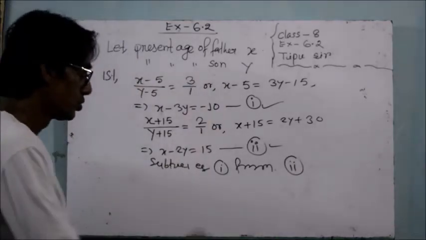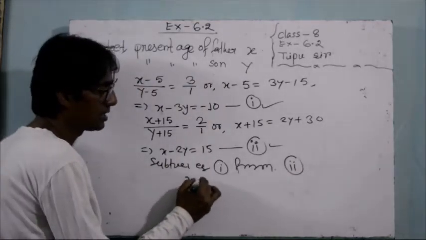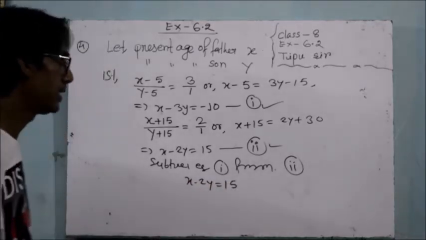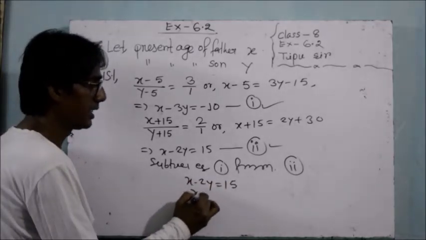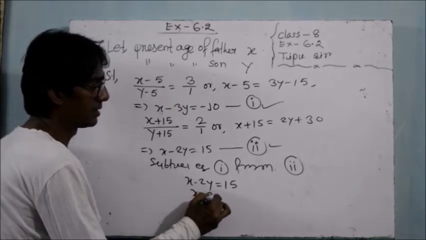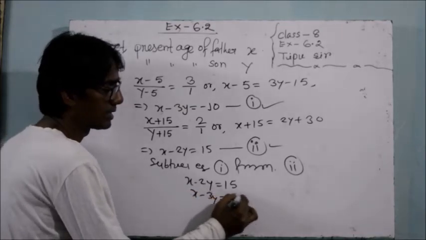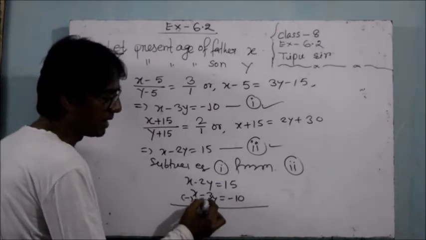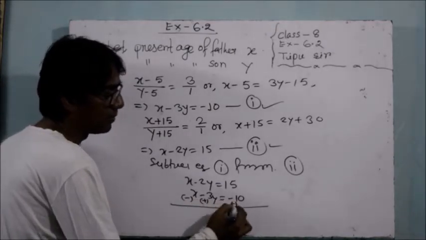Okay, so 2 is x minus twice y equal to 15, and 1 is x minus 3y equal to minus 10. If you subtract, the sign will be changed, minus will be plus, plus will be minus.